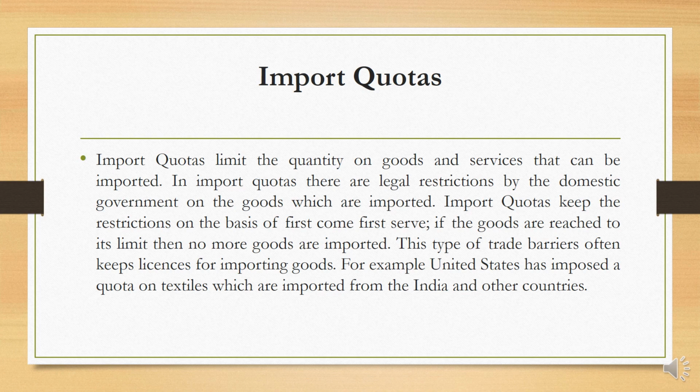If the goods reach the limit, then no more goods are imported. This type of trade barrier often requires licenses for importing goods. For example, the United States has imposed a quota on textiles imported from India and other countries like Bangladesh and Pakistan.